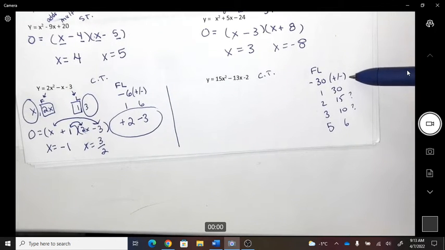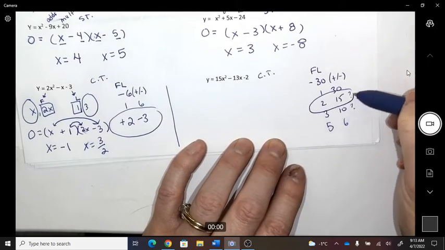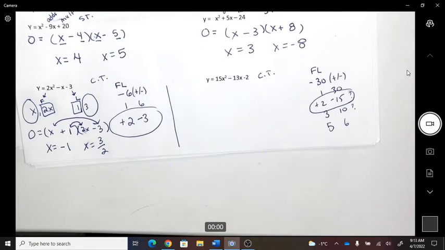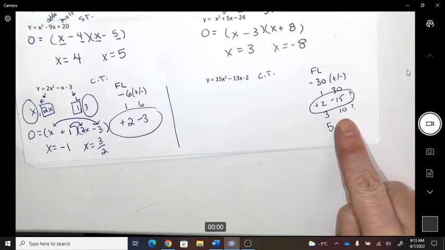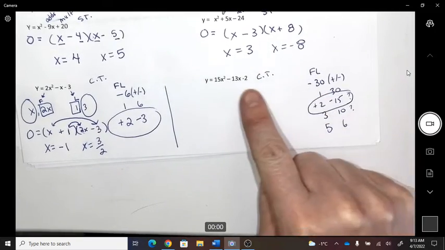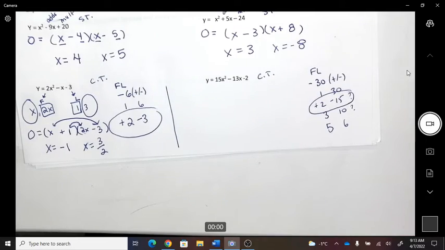One's going to be plus and one's going to be minus. So how do I make a negative 13? Okay, so I'm picking that one. This one was so close, but they would both have to be negative, and then that's not making negative 30, that would be positive 30.